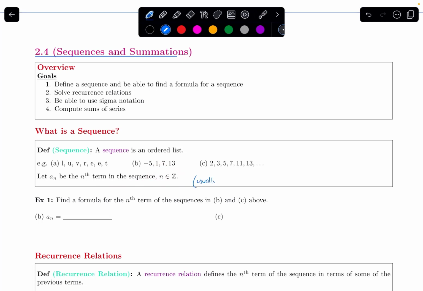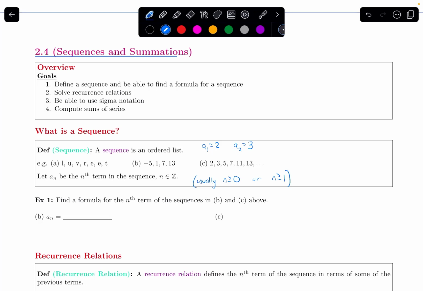So usually we let n be greater than or equal to 0, or n be greater than or equal to 1. So, for example, in this sequence, if I call the first term a subscript 1, that is equal to 2, then the next term would be a subscript 2, and that value is 3. That's the second term, and so on.